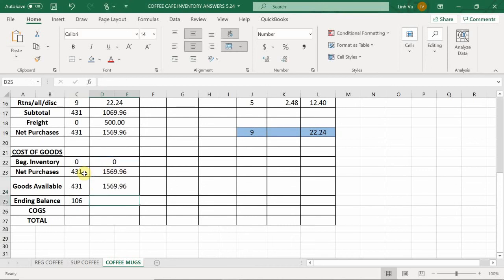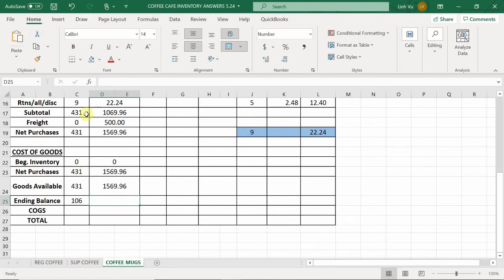So whatever your net purchases is going to be determined as your goods available. So we have a total of 431 items at a grand total of $1,569.96.